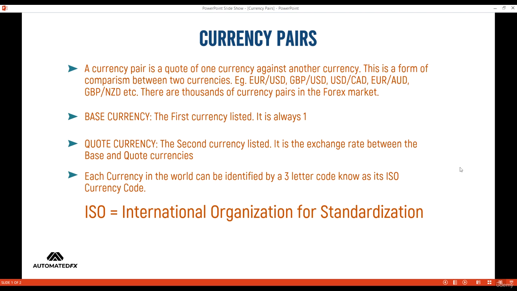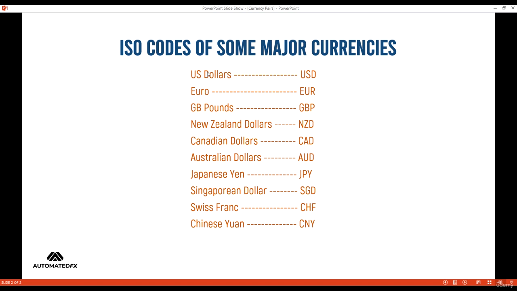Here I've listed the ISO codes of some major currencies: the US dollar, which is USD; the euro, which is EUR; the pound, which is GBP; the New Zealand dollar, which is NZD; the Canadian dollar, which is CAD; the Australian dollar, which is AUD; the Japanese yen, which is JPY; the Singaporean dollar, which is SGD; the Swiss franc, which is CHF; and the Chinese yuan, which is CNY.